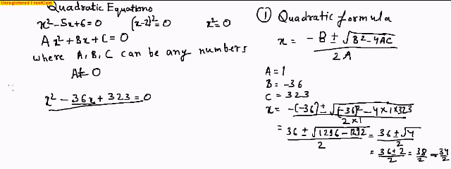So the solution which we get for this equation is x equal to 38 by 2, or 19, or x equal to 34 by 2, which is equal to 17.